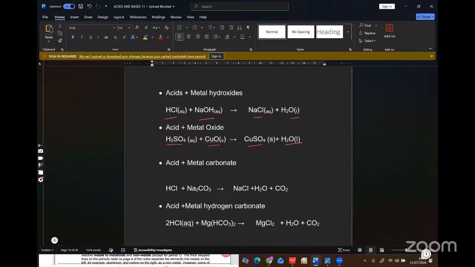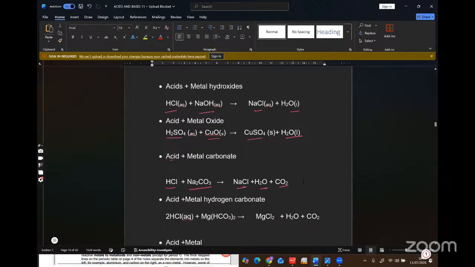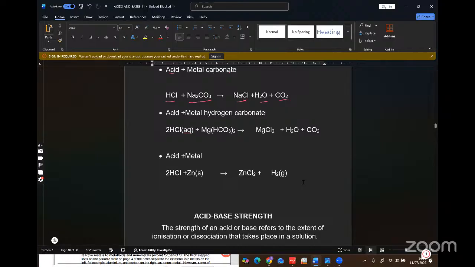Now, if you react an acid and a metal carbonate, you produce salt, water, and carbon dioxide. So this is an acid, this is a carbonate, you have a salt, water, and carbon dioxide. And then if you react an acid with a metal hydrogen carbonate, they used to call them bicarbonate. So this is an acid, this is a metal hydrogen carbonate.